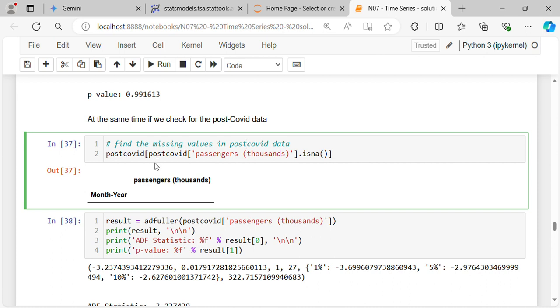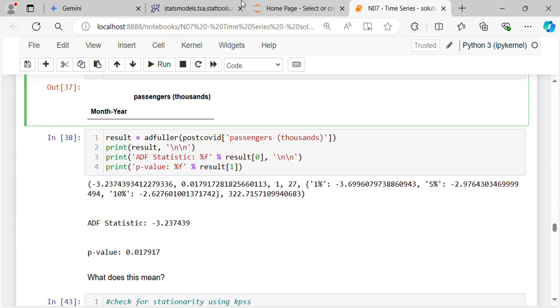Post-COVID subset passengers in thousands dot isna, open and close bracket, and it returns nothing. So let result equal adfuller of post-COVID passengers in thousands column. Print the result.